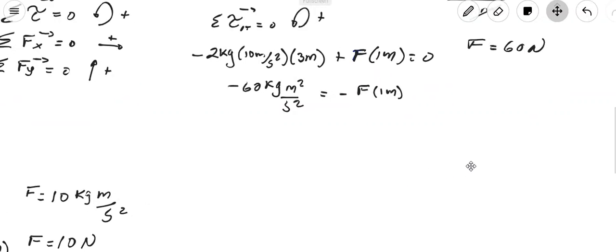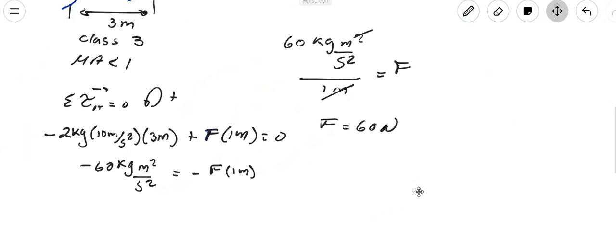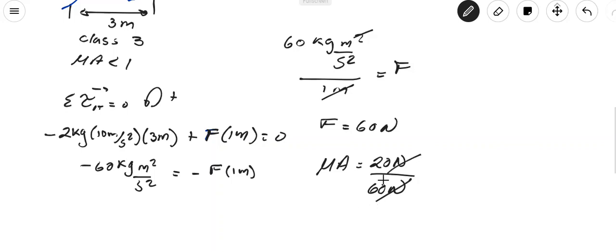So the weight of the object that I was trying to lift was 20 newtons, divided by the force that I have to apply to balance the lever, 60 newtons. Newtons and newtons cancel out. 20 over 60 is the same as 2 over 6, which is the same as 1/3.